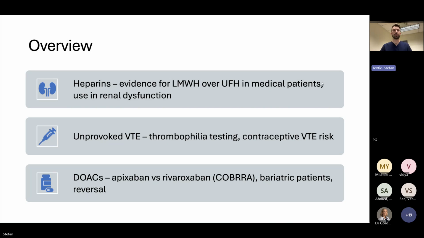Then we'll go through a case of unprovoked VTE and discuss the role of thrombophilia testing, both inherited and acquired thrombophilias, as well as the VTE risk with contraception and how we address that. And lastly, we'll go through a case about DOAC selection, particularly covering a recent trial of apixaban versus rivaroxaban called the COBRA trial, as well as use for DOACs in bariatric and obese patients, and go through a case of reversal and management.